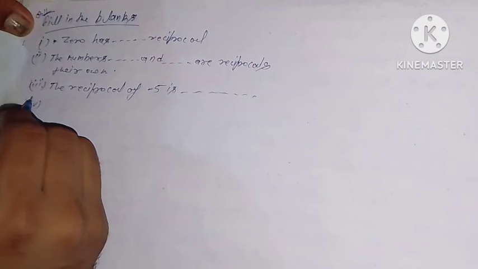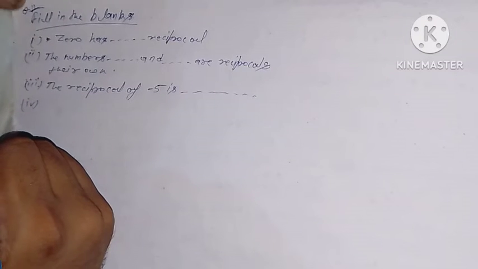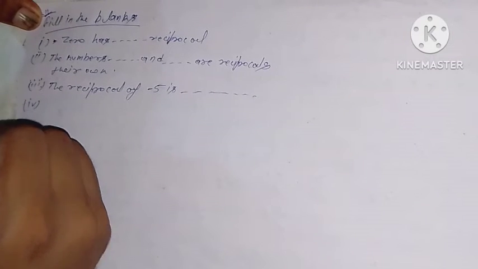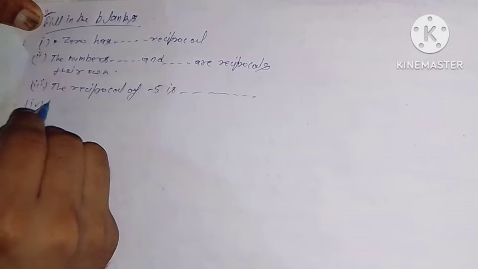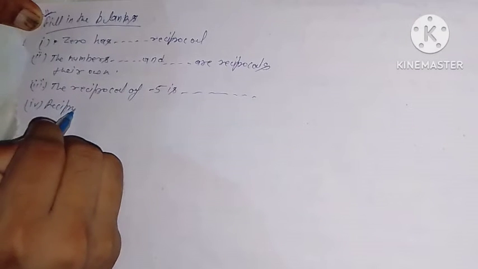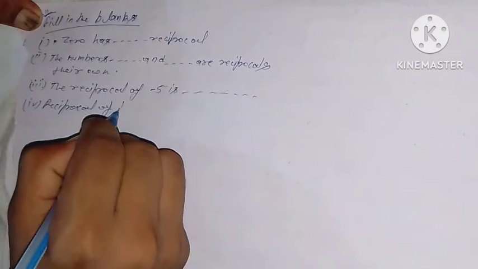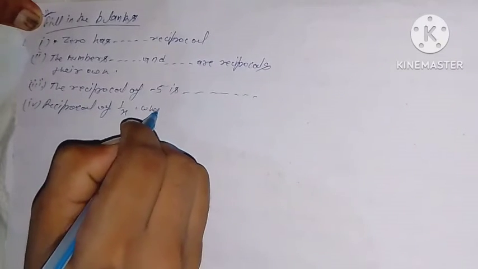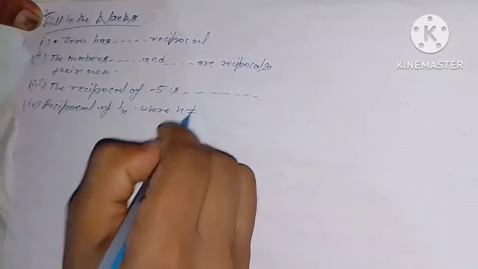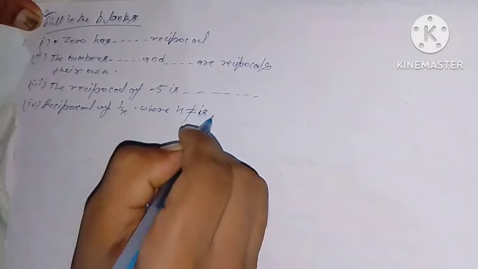Fourth question: the reciprocal of 1 upon x, where x is not equal to 0, is dot dot.